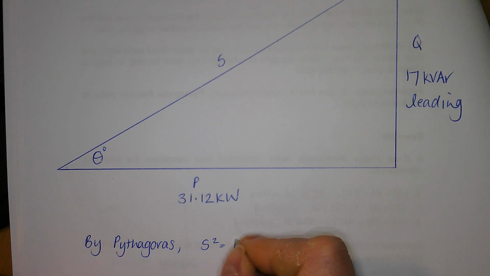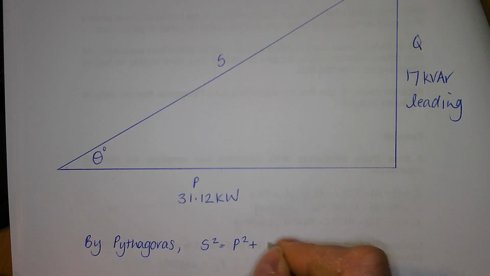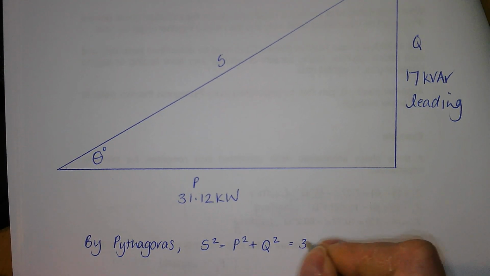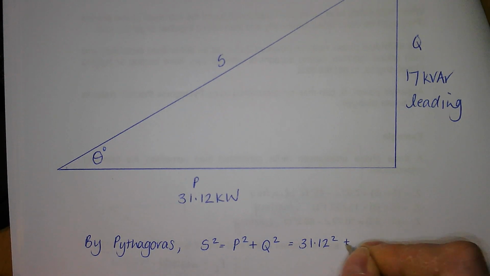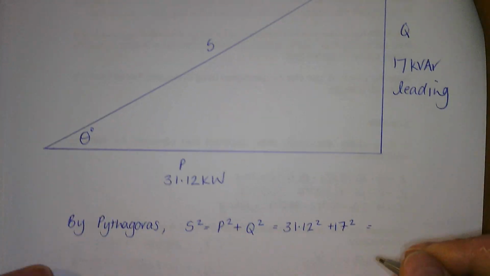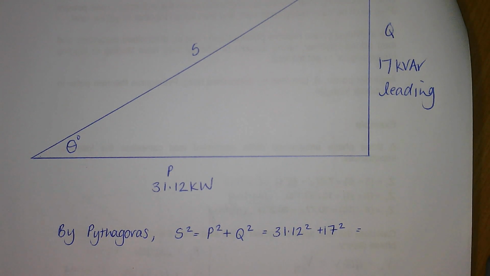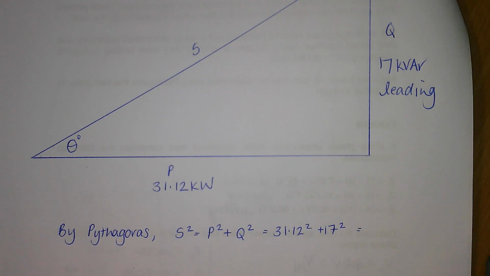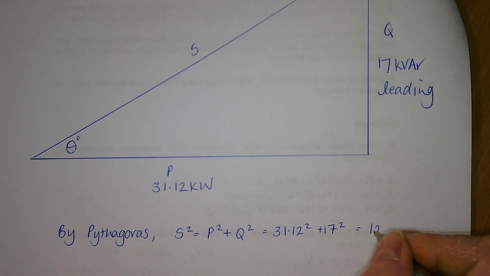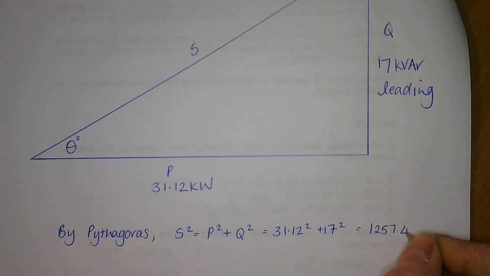By Pythagoras, S squared, which is the hypotenuse, equals P squared plus Q squared, and that gives me 1257.4544.